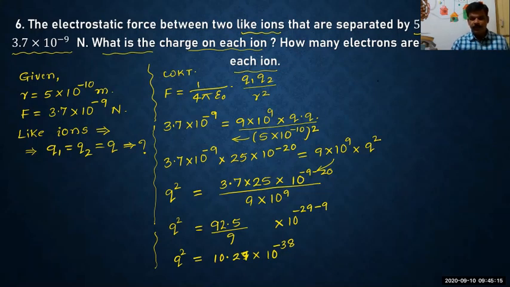But it is Q square, isn't it? So when you take Q, then it will be the square root of 10.27 into 10 raised to minus 38. So you have to take the square root of 10.27.